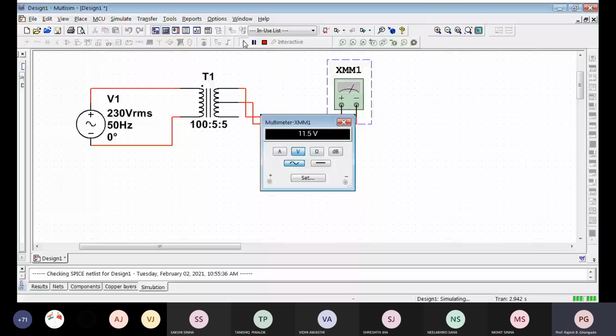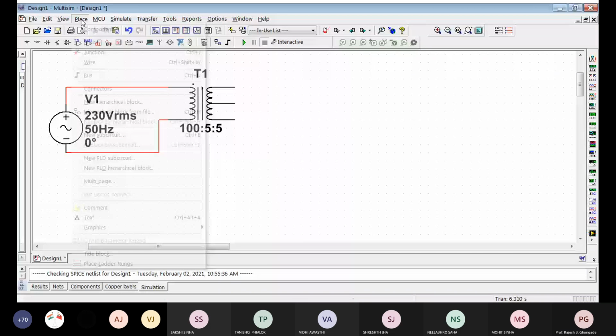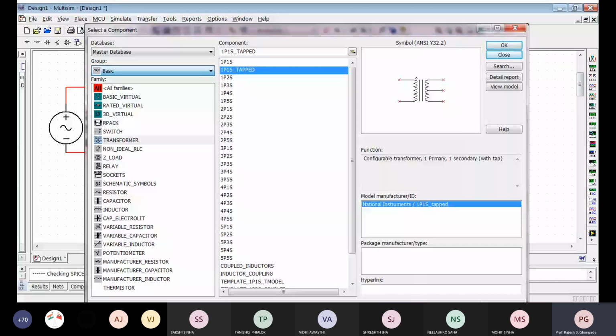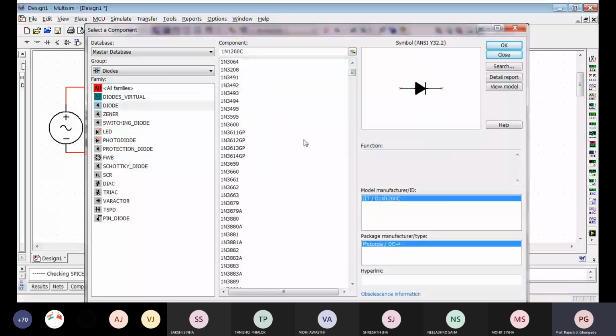I'm going to give you a very quick way of designing a dual power supply. Very quick and dirty way, but many times it really works. So 1N4001 diodes will also do.